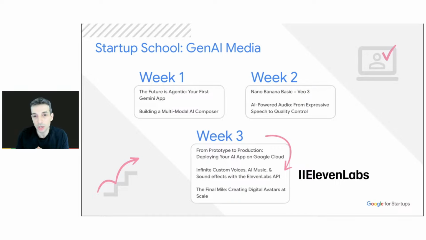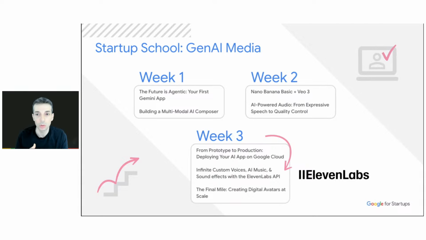And before we jump into the session, let's see where we are with the school's curriculum. In week 1, you learned how to build your first agentic Gemini app and building a multimodal AI composer. In week 2, you learned more about Nano Banana, VO3, Gemini text-to-speech, and how to build an AI-powered quality assurance system.